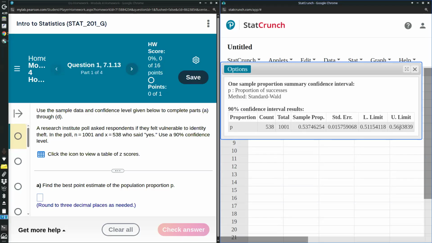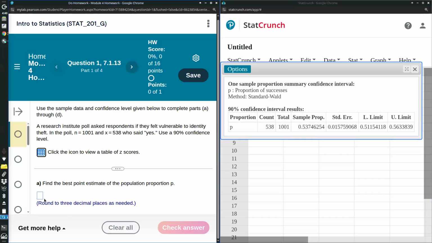So this is what's guaranteeing us that we have a 90% confidence that the true value of the proportion is between these 2 limits, the lower limit and the upper limit. And the standard error is, well, we can calculate the actual error, but the standard error is like the sample standard deviation.